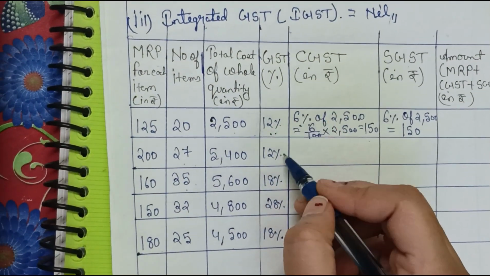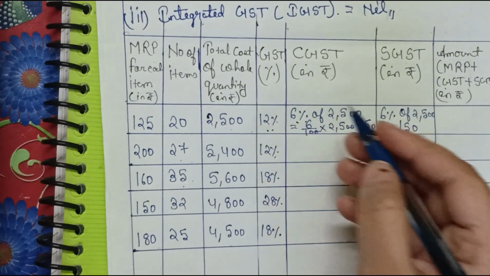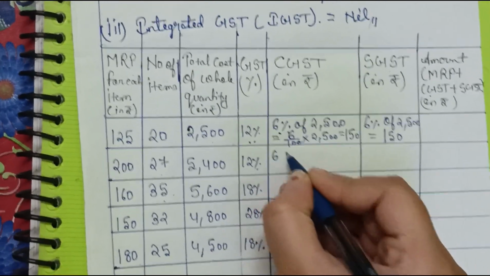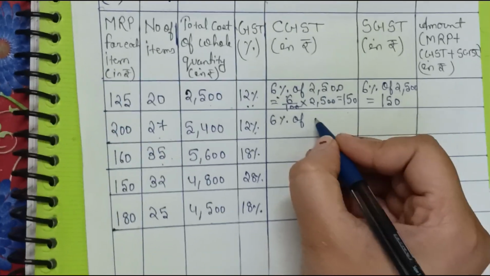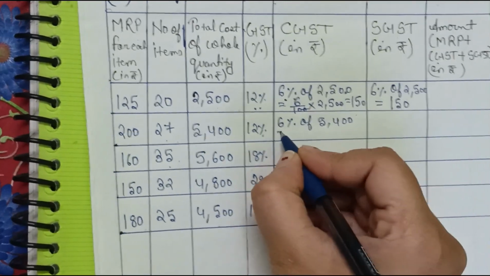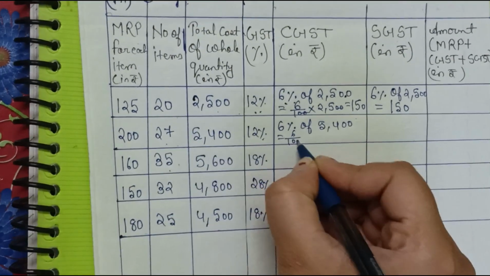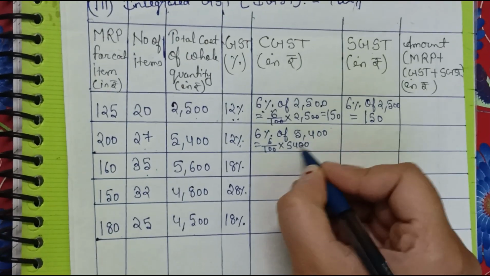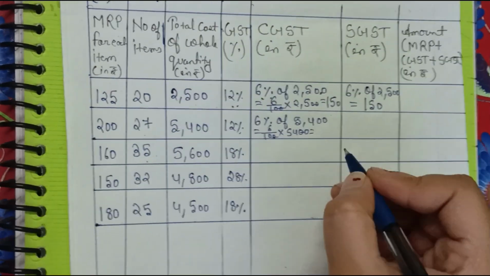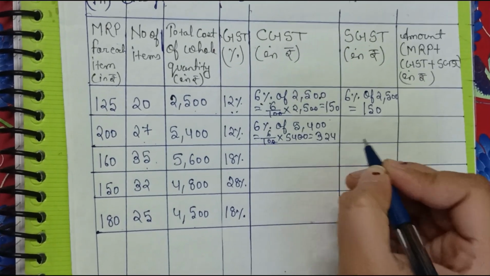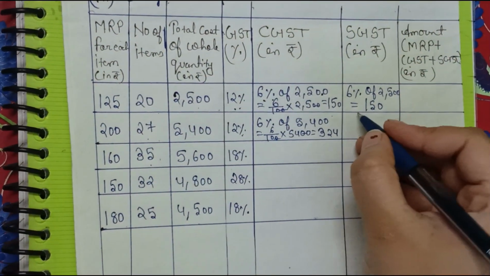Next data: GST percent is 12%. So CGST is 6% of 5400. 6%, 6 by 100 into 5400. 20 cancel out and 324 is CGST.